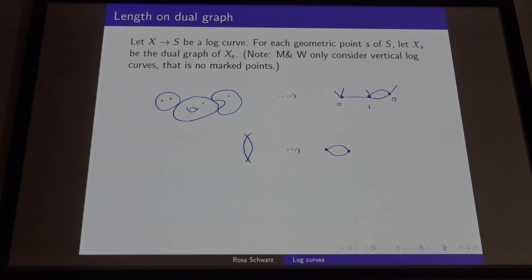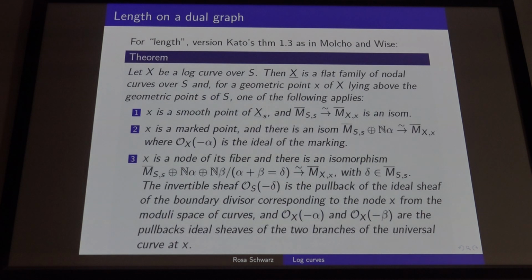Now all I need to define is, you take the dual graph, and this is the graph on which you define everything, but you need to define a length to have this tropical curve thing. To define a length, I have copied a theorem from the article, which is basically the same as the theorem that we did before, just with different words, and I need a letter from this to define the length.